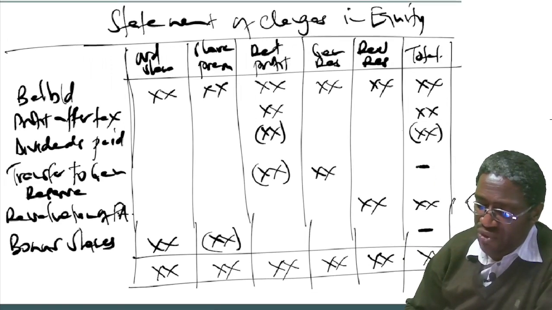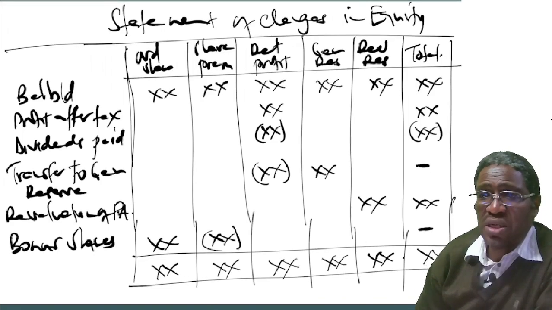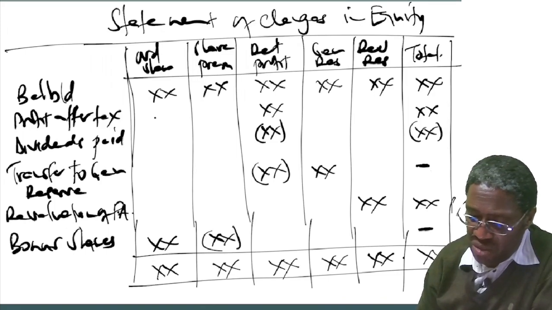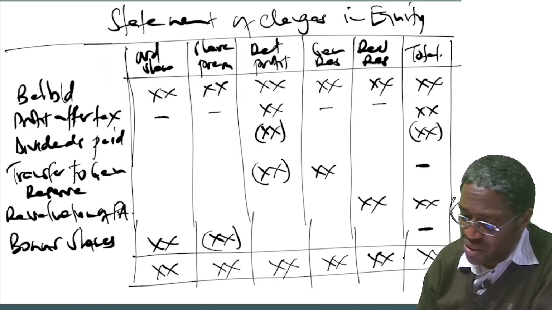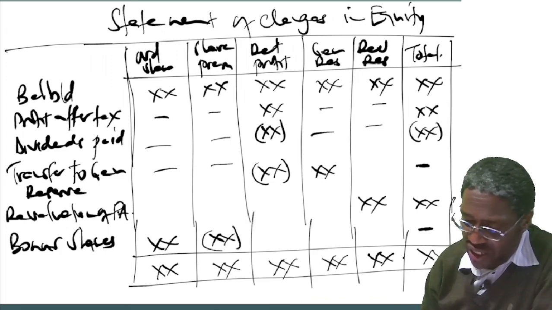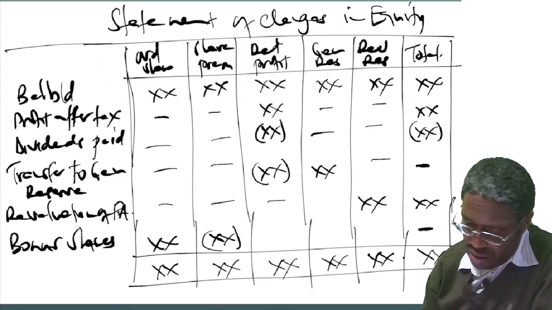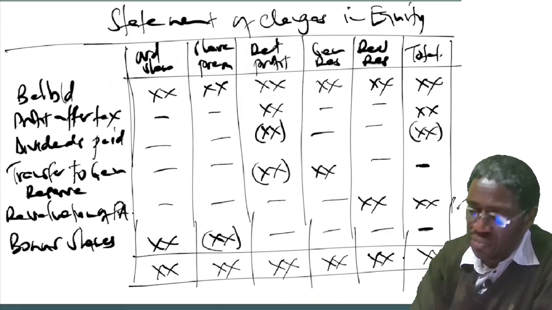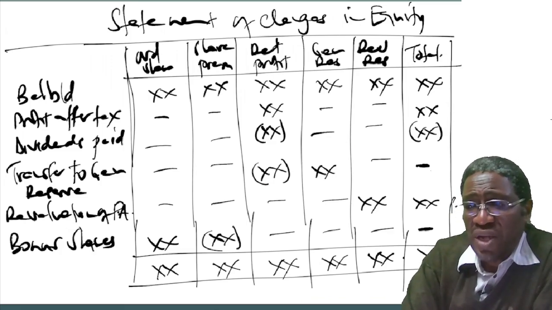So I don't have to change anything in this format. Maybe you can just copy this down. Let me put dashes for where we had blank items. So copy that statement of changes in equity.